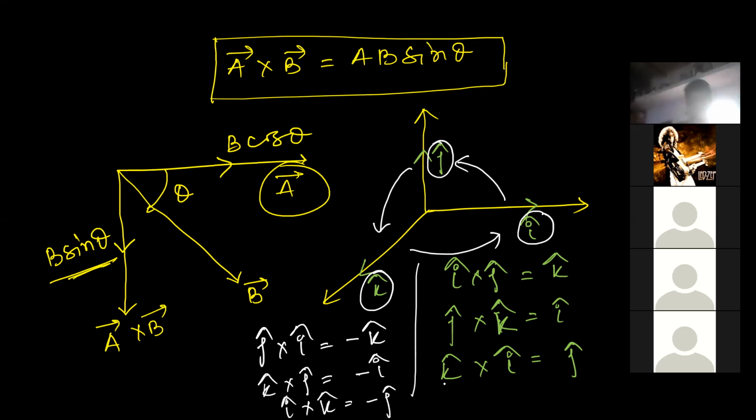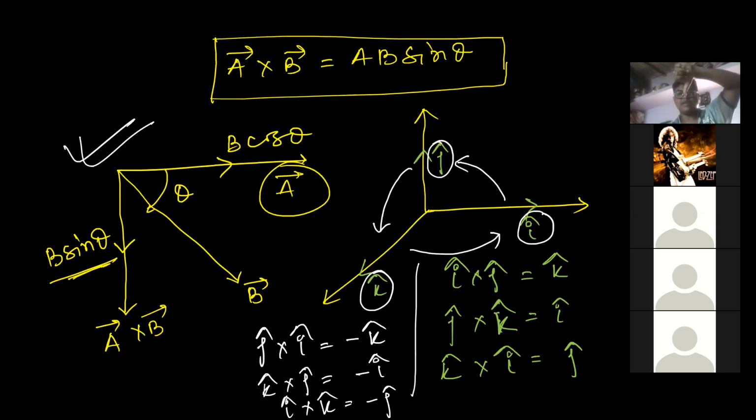This is the fundamental formula. We only have to consider the perpendicular component whenever we are calculating the cross product. Suppose I am multiplying like this, I cap and j cap. So I am considering the perpendicular component, that is k cap, which is working with respect to both of them, right? In that example that I have explained here, initially A was like this, and now B has rotated in this direction.